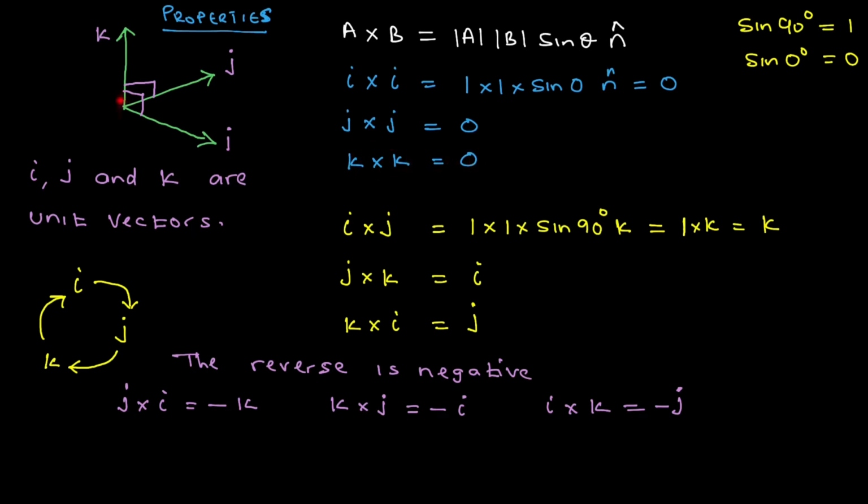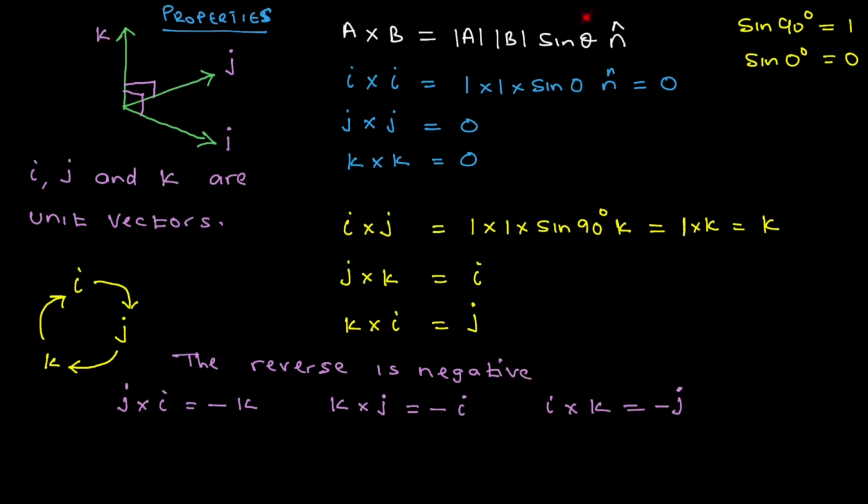But what about if they're perpendicular to each other? Like this is perpendicular to that, and that is perpendicular to that. So i and j are perpendicular to each other. Remember, i is 1 and j is 1, so i cross j will be equal to 1 times 1 times sine of 90 degrees, using that formula, where the n vector here is k.